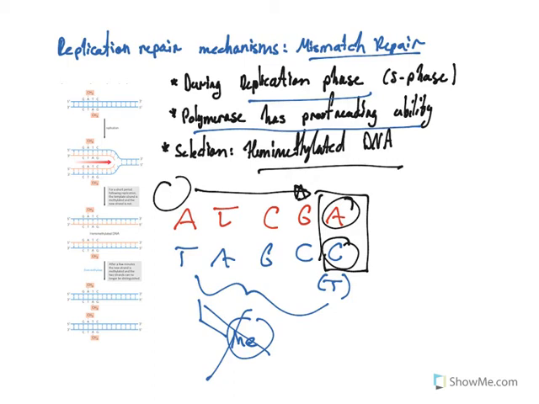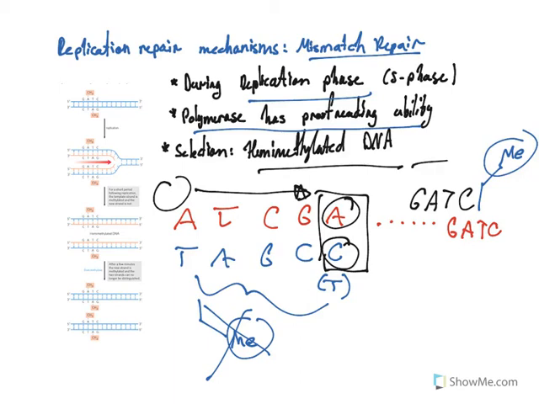And these methylations occur at specific sequences known as GATC sequences. And so, say further down along on this original template strand, you have GATC with a methylation. Well, the polymerase is able to recognize that the strand with the methylations is actually the template strand. So this is the correct nucleotide, and so then it will know that this C here needs to be removed and replaced with a thymine.